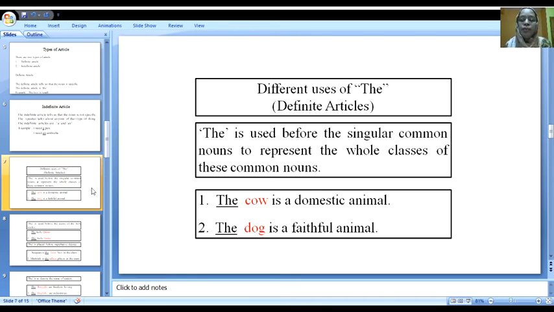The example, the cow is a domestic animal. Here the word cow means the whole classes and the dog is a faithful animal. Here the word dog refers to the whole classes.